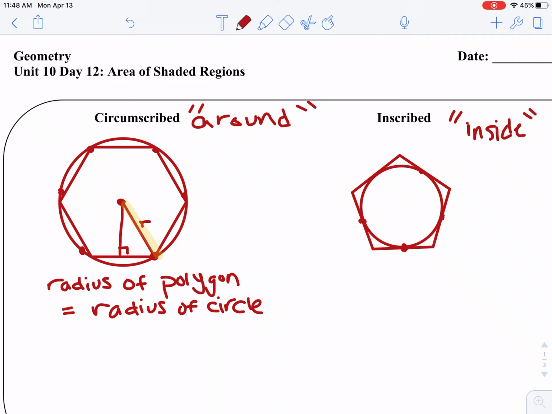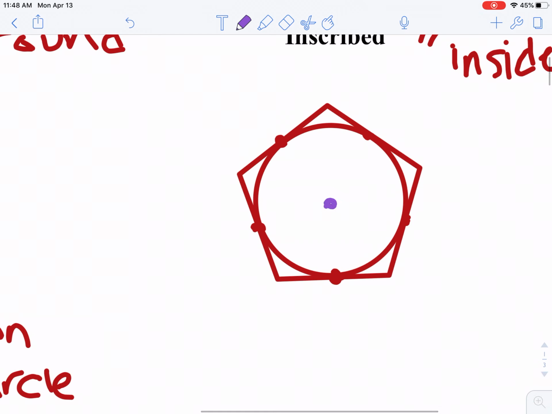But what I want you to notice that is a little bit different is if I draw the same apothem, right, and the same right triangle and the same hypotenuse there, the radius of this circle is actually the apothem of the pentagon.